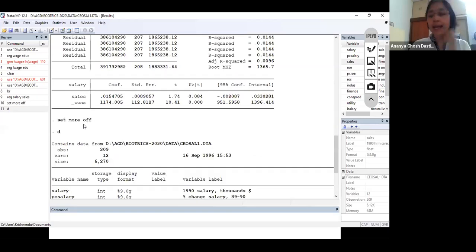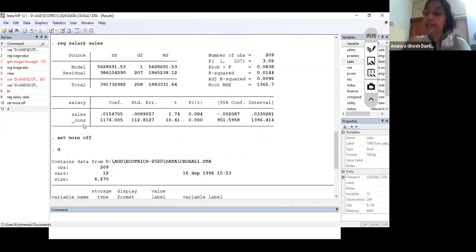The basic message here is when you have a level model, all you need to interpret is just apply the units in which the variables are measured. Nothing else is really that important. You take this 0.0154 thing, and I multiplied it by 1,000 because CEO salary is measured in 1,000, to say that a $1 million increase in sales will increase the salaries by $15.